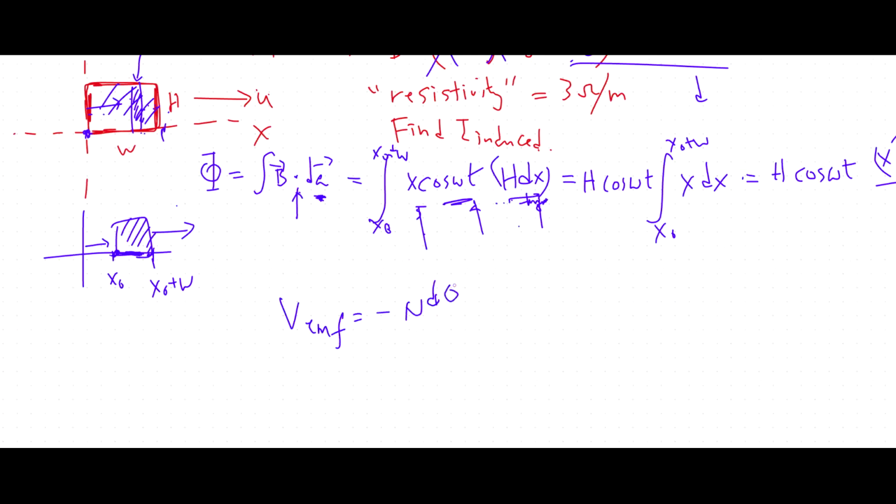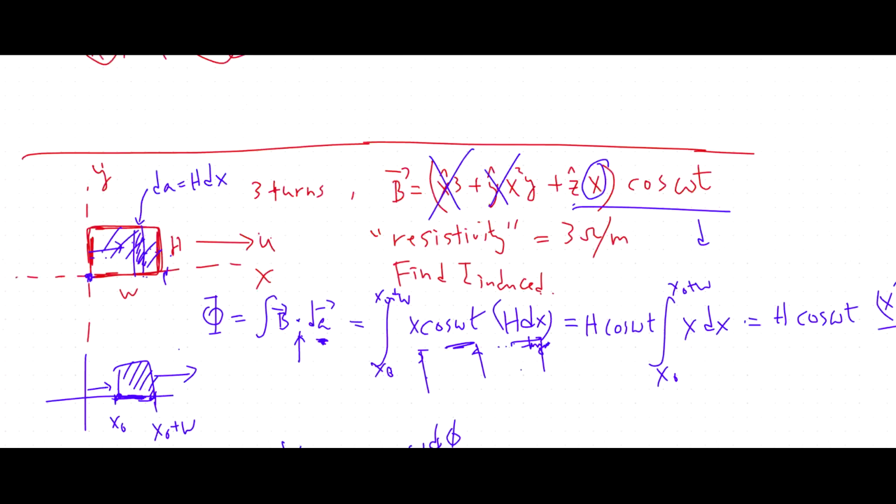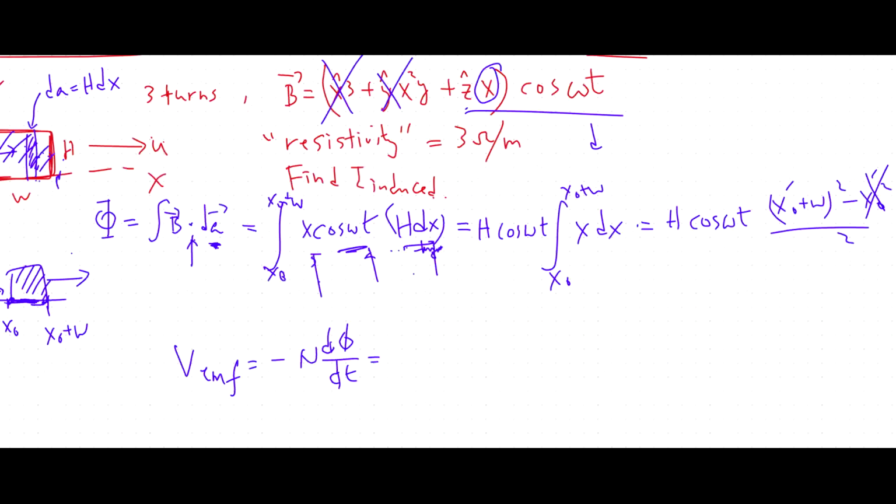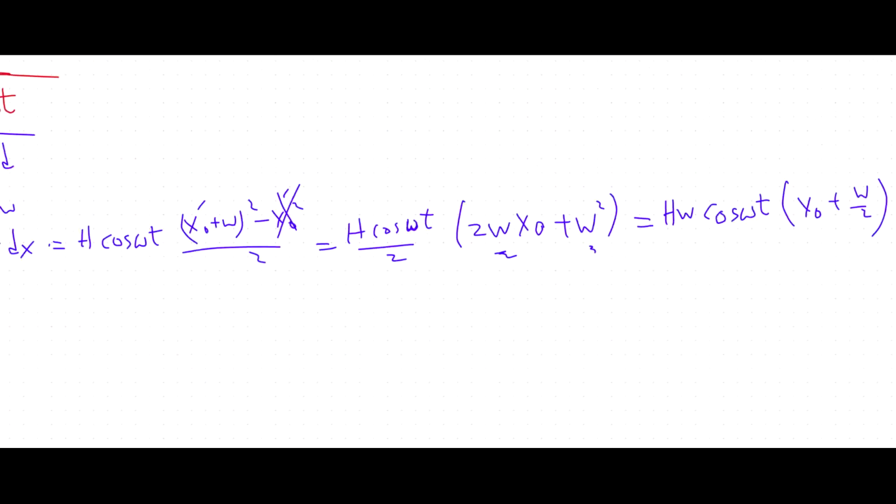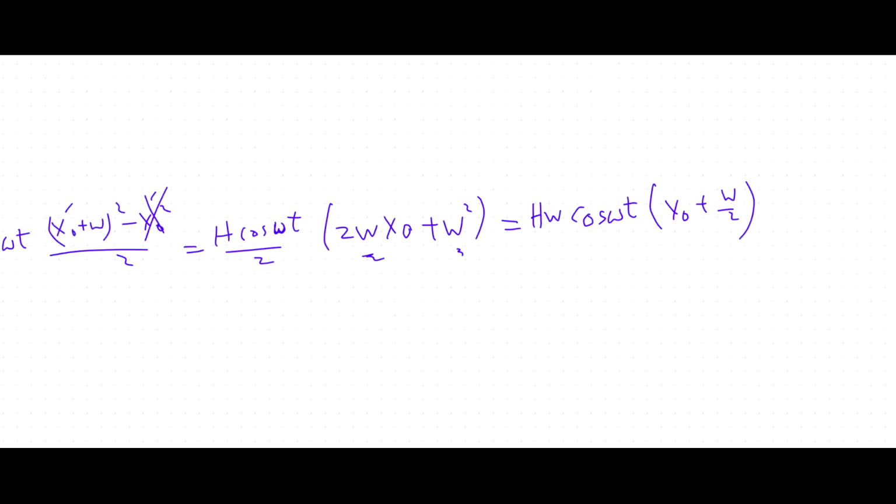So it's a time derivative of what we have, multiplied by the number of turns, which I'm just going to call n. I don't care what that is. So what is the time derivative of this?